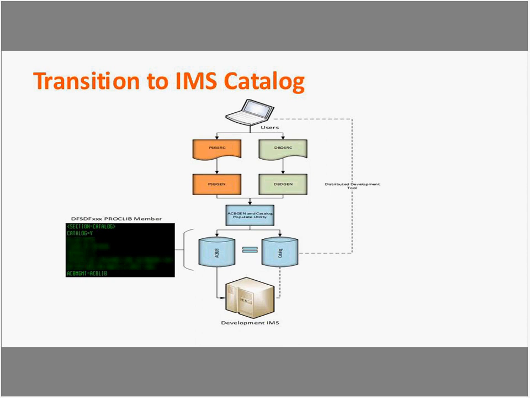That just means that program changes and schema changes from the DBD perspective are going to be managed in the ACB lib and concurrently updated in the IMS catalog, so that users who are doing distributed Java development can also get their information from the catalog, and it is in sync with the ACB lib.